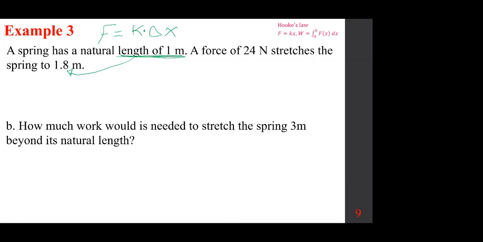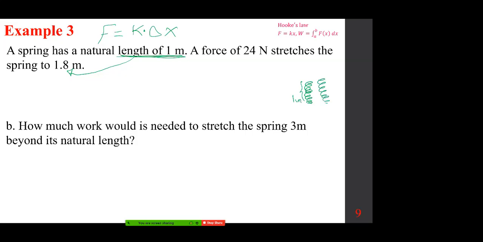We are going from 1 to 1.8. I hope everybody can see what's happening. Okay, so in other words, if this is normal, 1 meter.